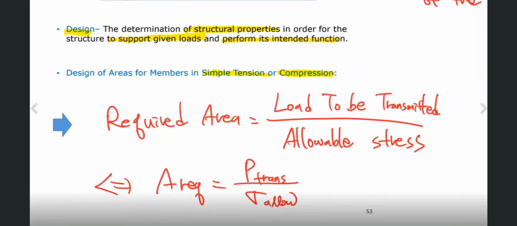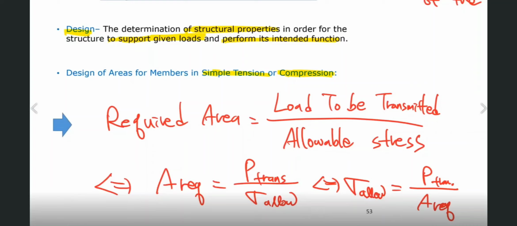So using this, we can also define the allowable normal stress as the transmitted load over the required area. As I told you in the previous slide, to properly define the loading and stress condition, we have to consider the specific definition of area.